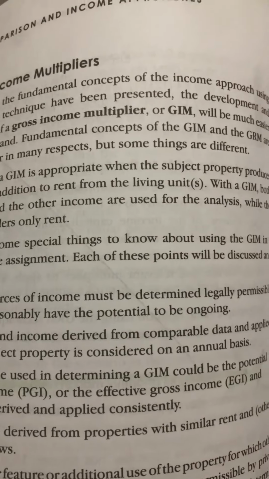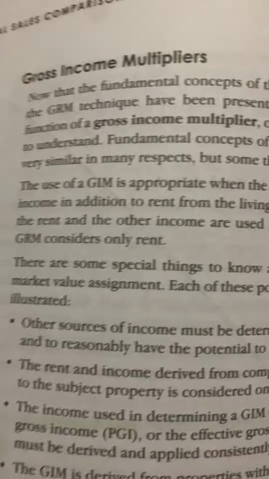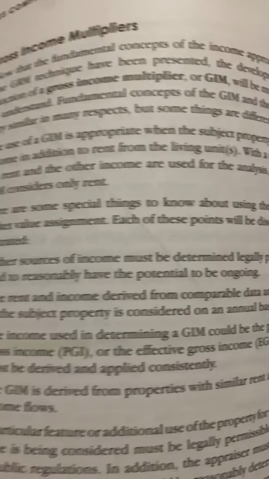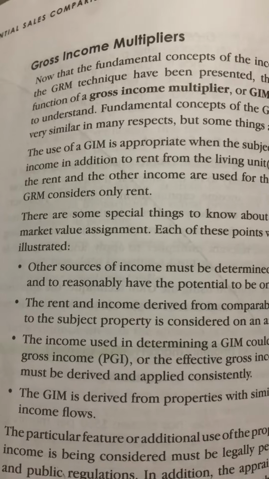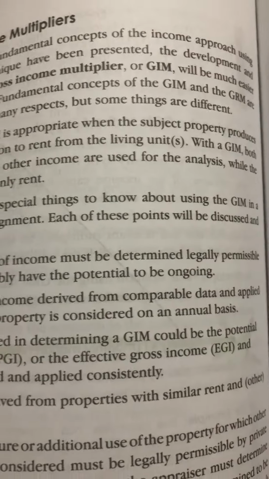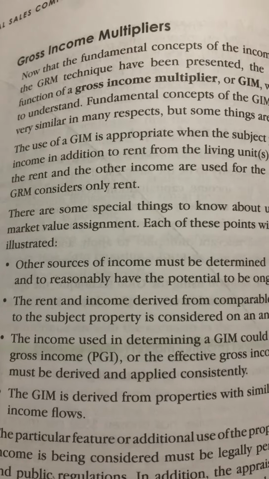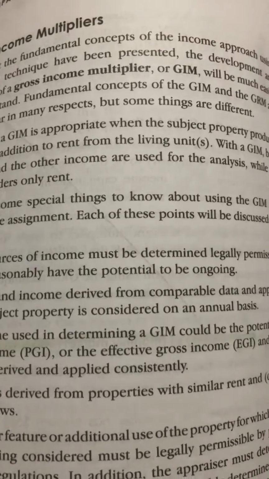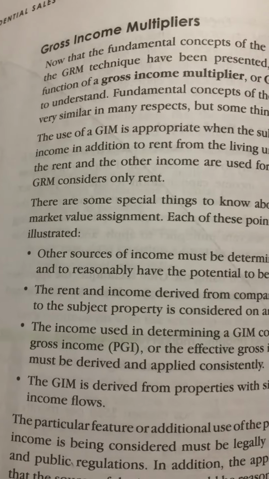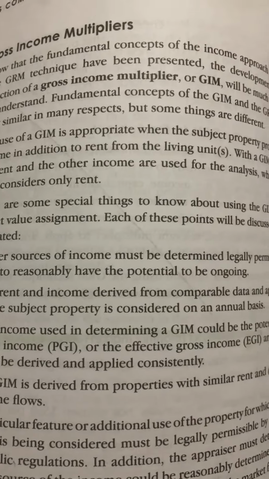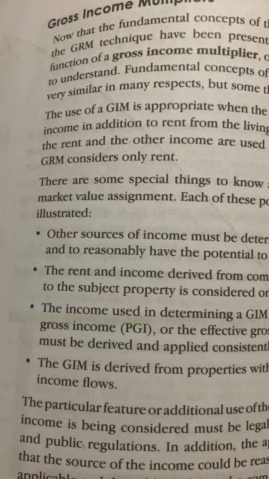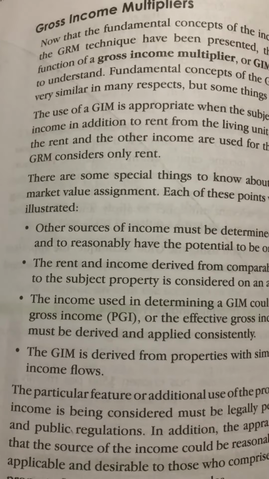Fundamental concepts of the GIM and the GRM are very similar in many respects, but some things are different. The use of a gross income multiplier, GIM, is appropriate when the subject property produces income in addition to rent from the living units. With a gross income multiplier, both the rent and the other income are used for the analysis, while the GRM considers only rent.